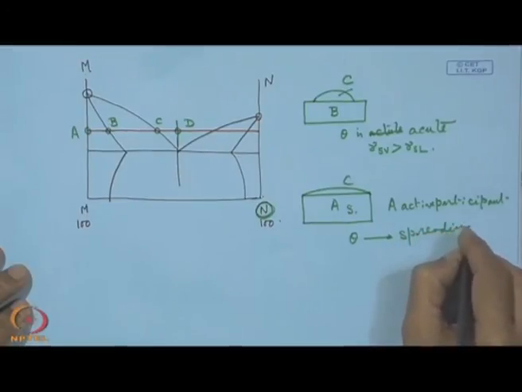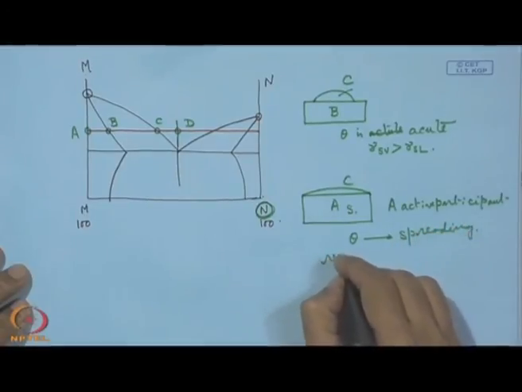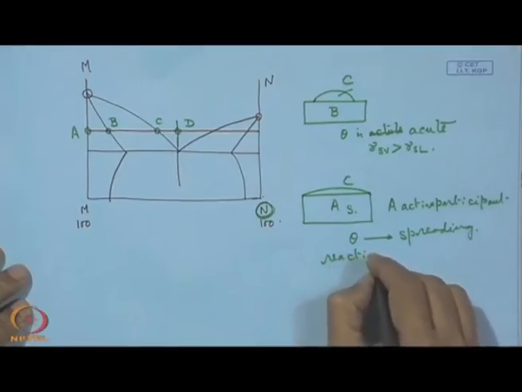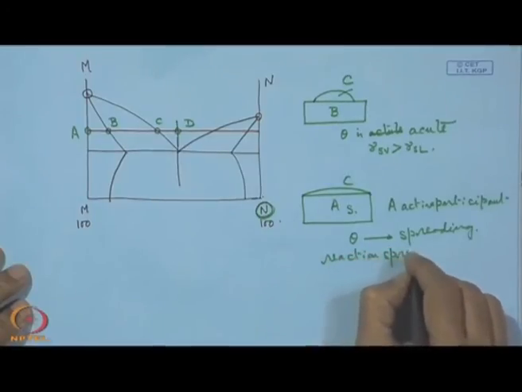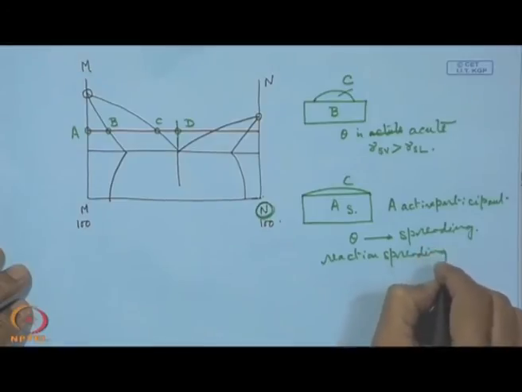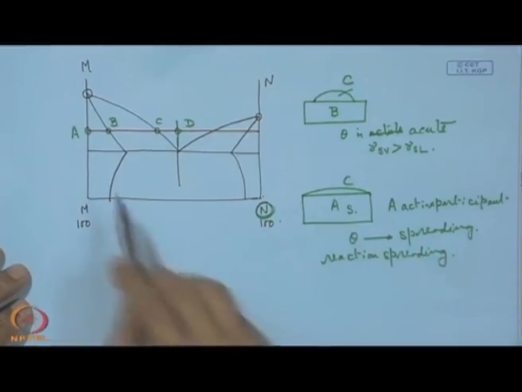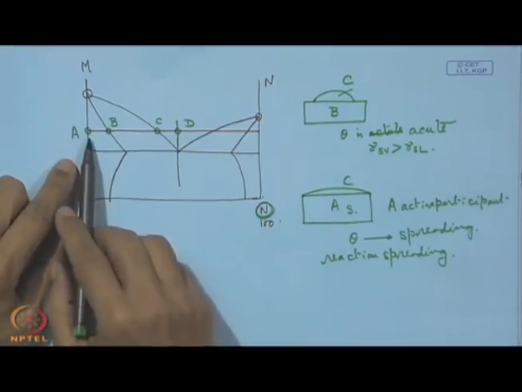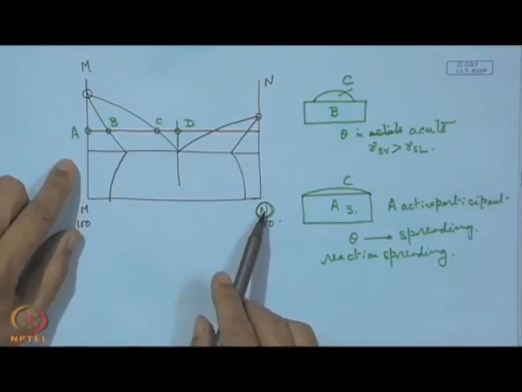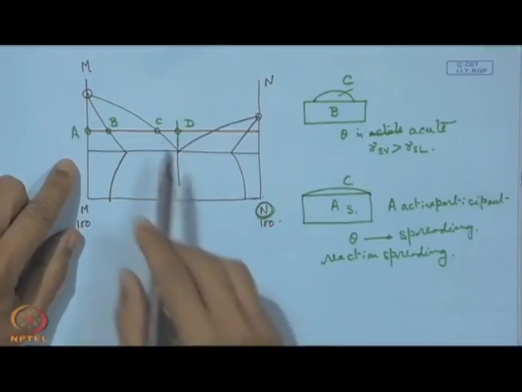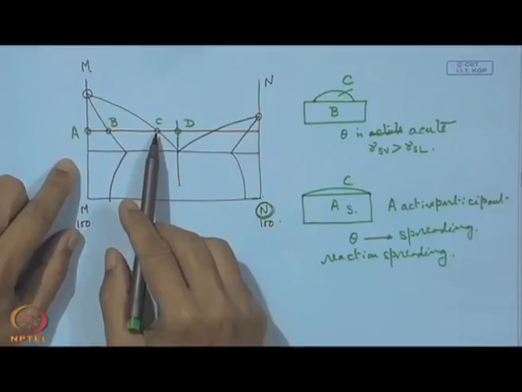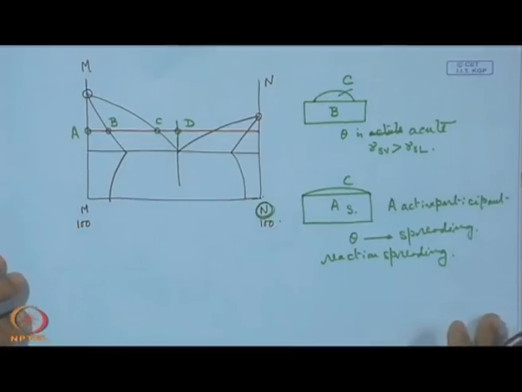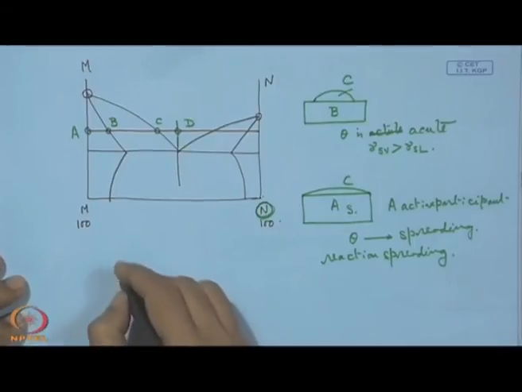That means we can call it reaction spreading. So, A changes its surface composition just by dissolving some of the element N from this liquid which is at the composition C.